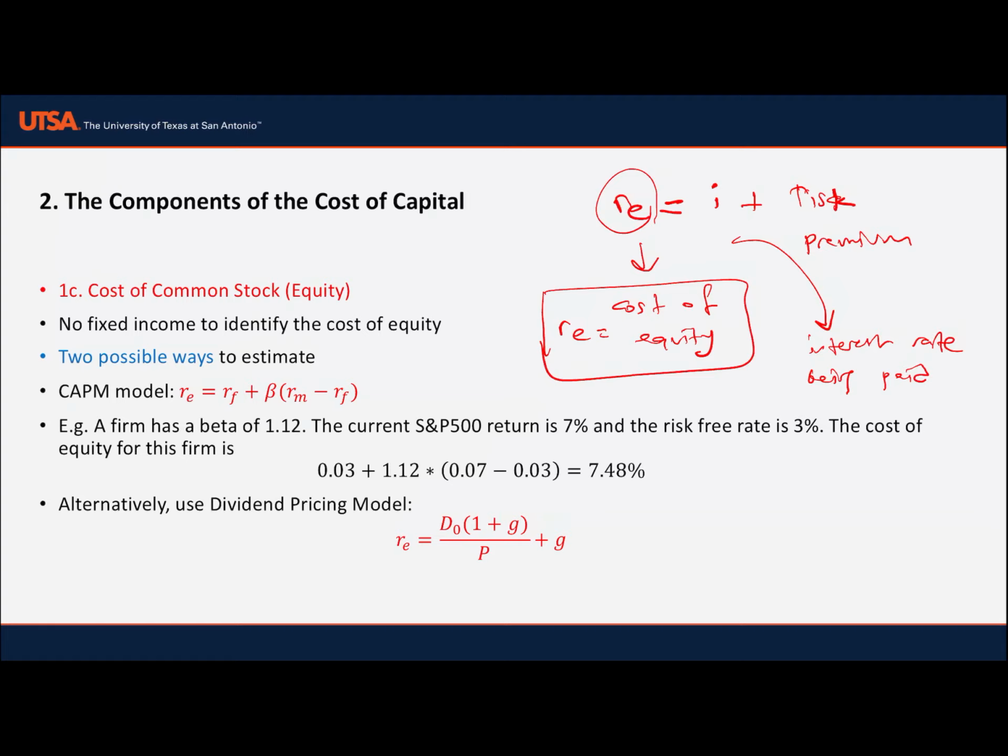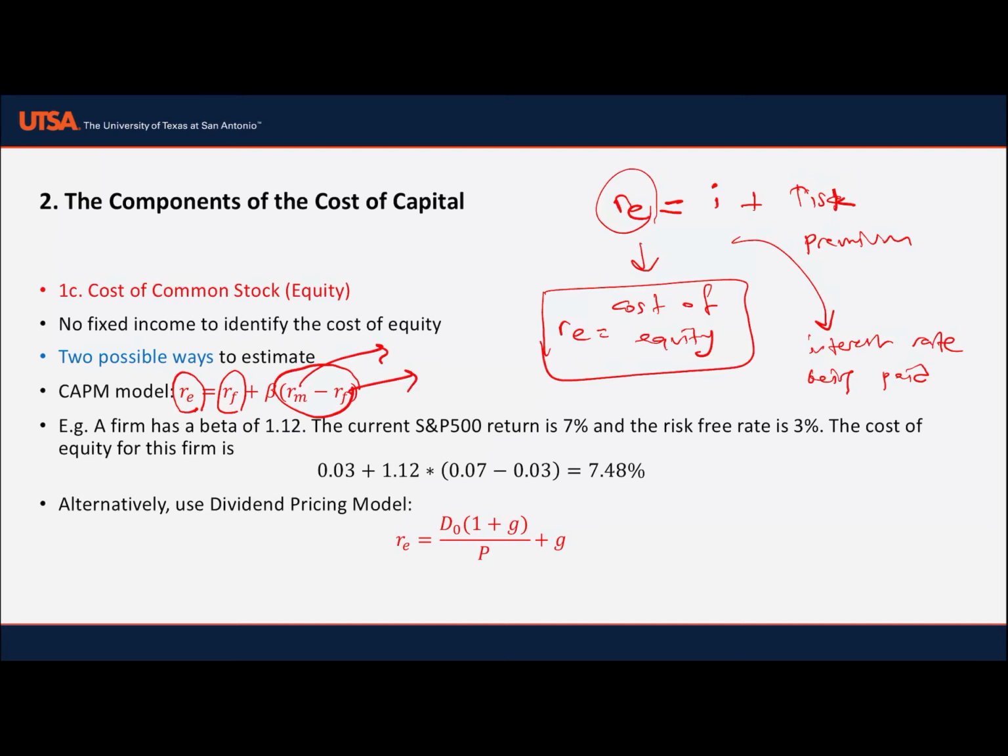An alternative approach to determination of the cost of equity is the capital asset pricing model, which you remember from Chapter 8 and Chapter 11 to value the common stock. As we know, with the capital asset pricing model, the cost of equity is equal to the risk-free rate plus beta multiplied by the market risk premium, which is the difference between market return and risk-free return.